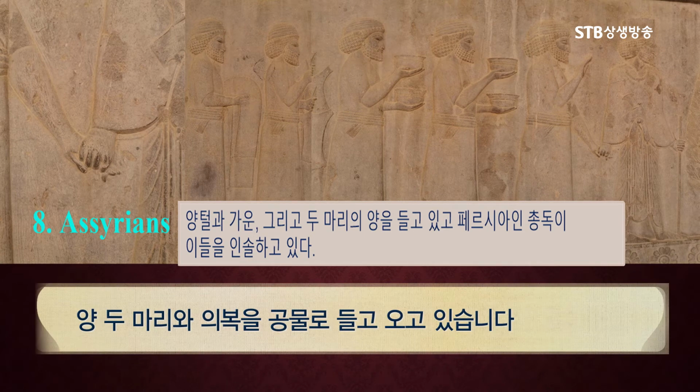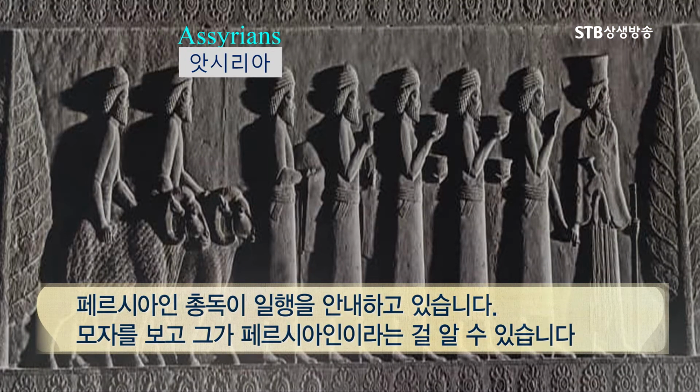They are carrying two beautiful rams and also cloak again, which is their special gift. And the Persian, you can recognize by the hair, by the hat, leading the group, which is somehow like the satrap.